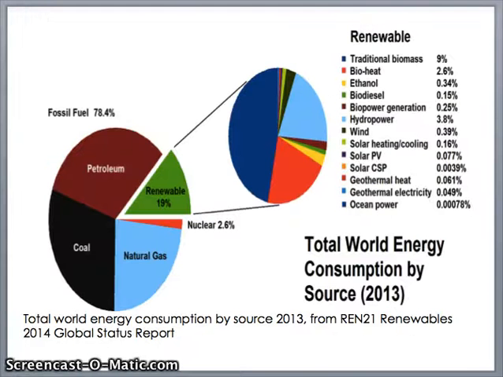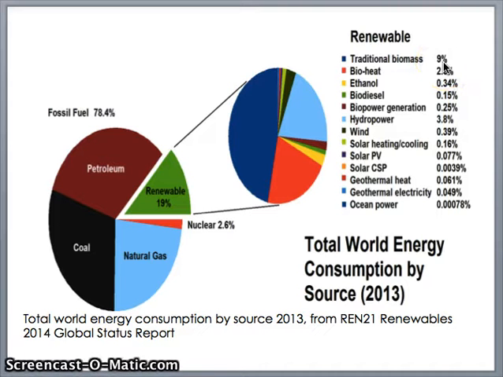So now if you look at the rest of the world, biomass is also one of the most common ways of using renewable resources. So if you take a look at this, renewable resources is 19% of the total energy consumption in the world, but if you break it down, this huge amount right here, 9%, is actually traditional biomass.